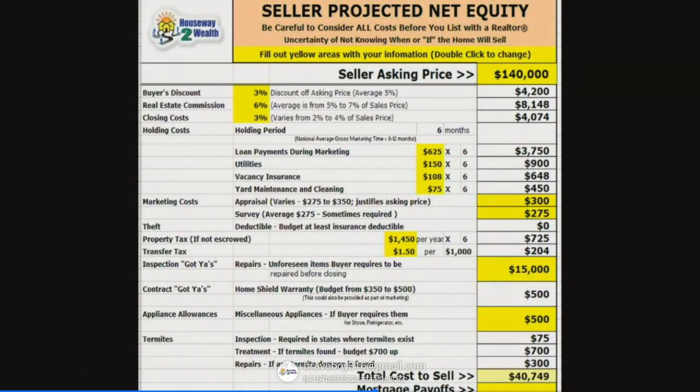Because basically what we're doing is we're showing that seller that there is an actual cost to them selling that property. So oftentimes, guys, we can have the seller give us a number, and we actually agree to the number because we've done our numbers prior to.